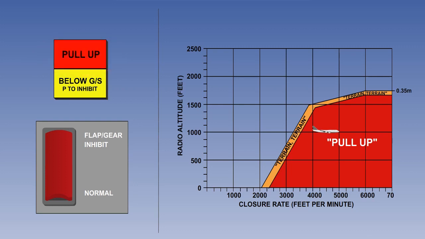After leaving the pull-up area, the audible alert will again be heard while in the terrain segment. "Terrain." If both boundaries are penetrated in the landing configuration, then only the repeating audible alert message is heard. This is repeated every second and a half. "Terrain."